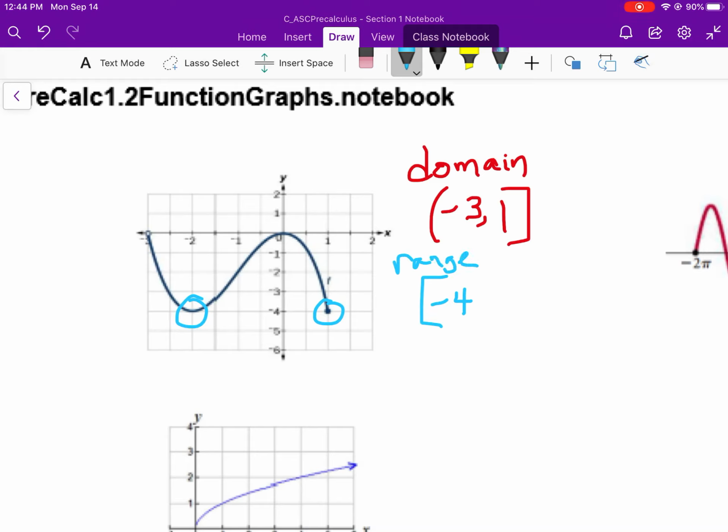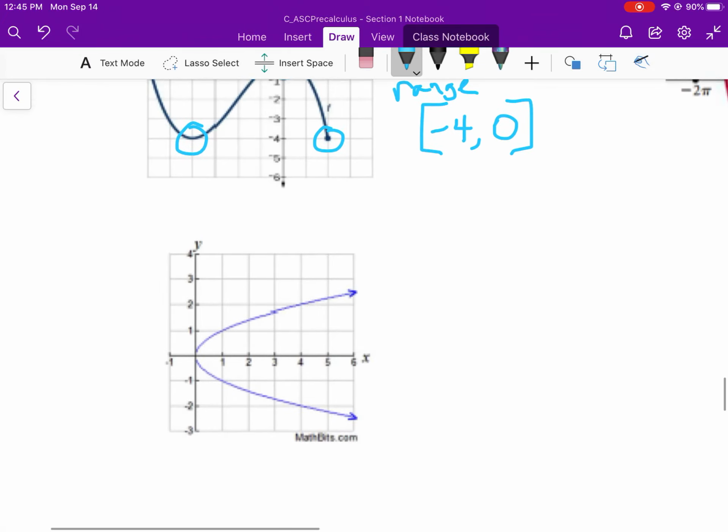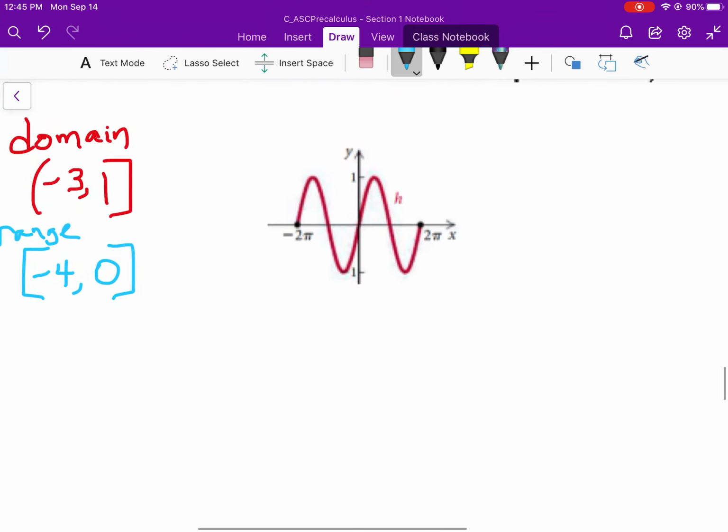And then what's the biggest y value? It looks like it's here, so to 0, that's that y value. Should I include it or not? Well, it's not included here, but I'm pretty sure it's included here. As long as it's included once, we're going to put it as a square bracket.